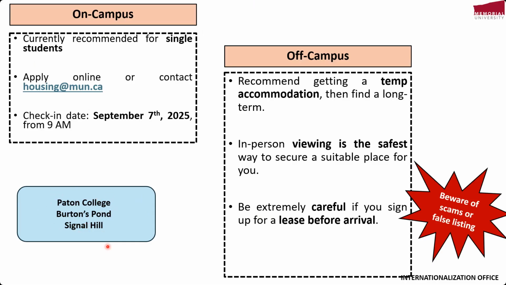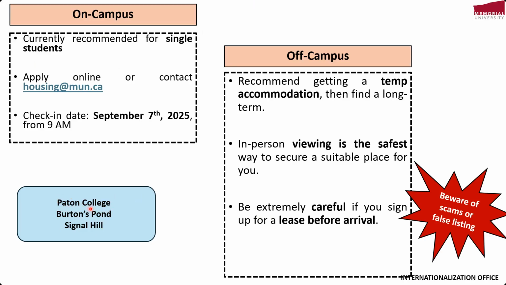As per the current update on the website for fall 2025, only Patton College is currently accepting new applications for single students. Signal Hill and another building, Mefferson College, which is not mentioned here, are already fully booked. So right now, even for single students, only Patton College is available and taking applications.